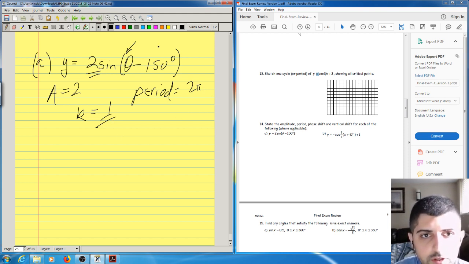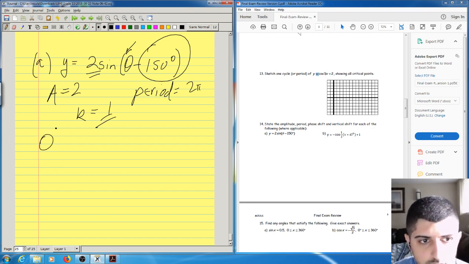Phase shift is located here. Usually we call it phi, though you might be calling it something else, maybe D or C. Phi is generally the angle that's phase shifted.